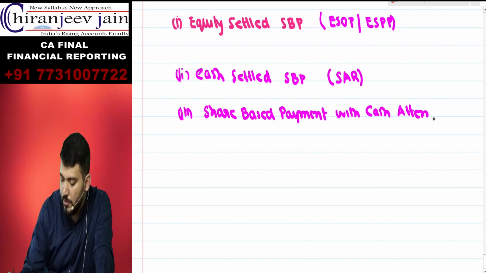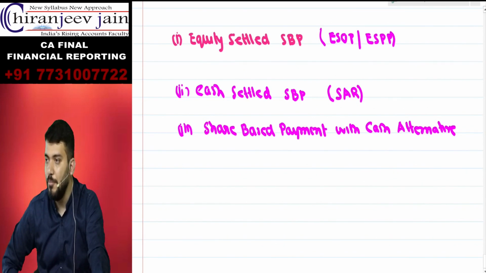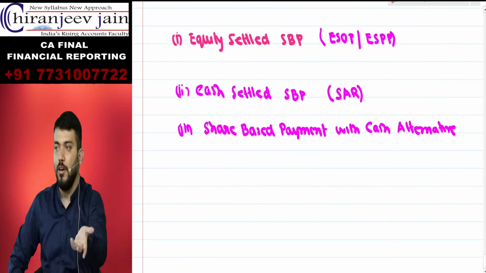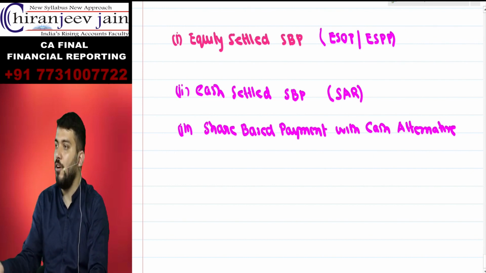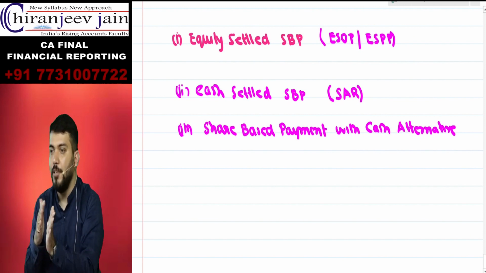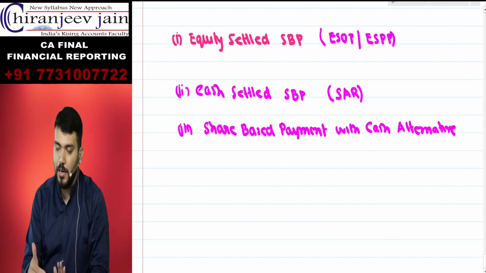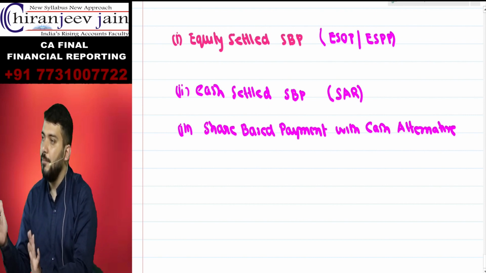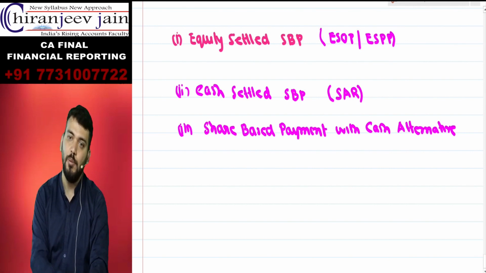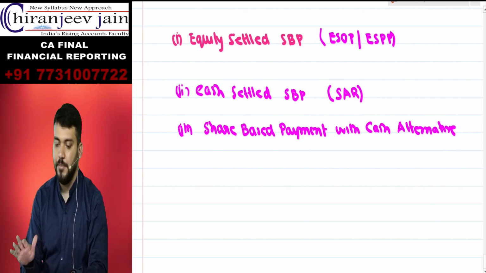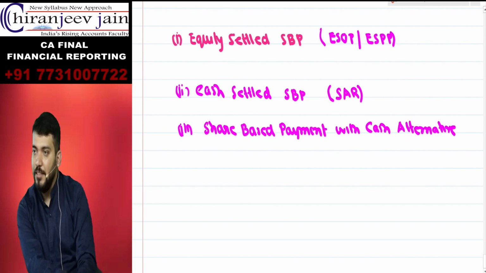With cash alternative means a combination of 1 and 2. Either you take shares or you take cash, as per your choice. So an option will be given to the employee or non-employee, cash or equity shares. Understood? So we are here to understand the accounting treatment of 1, 2 and 3 for an agreement between employee and non-employee. This will be the scope of this chapter. Okay. For today this much only. We'll meet tomorrow.